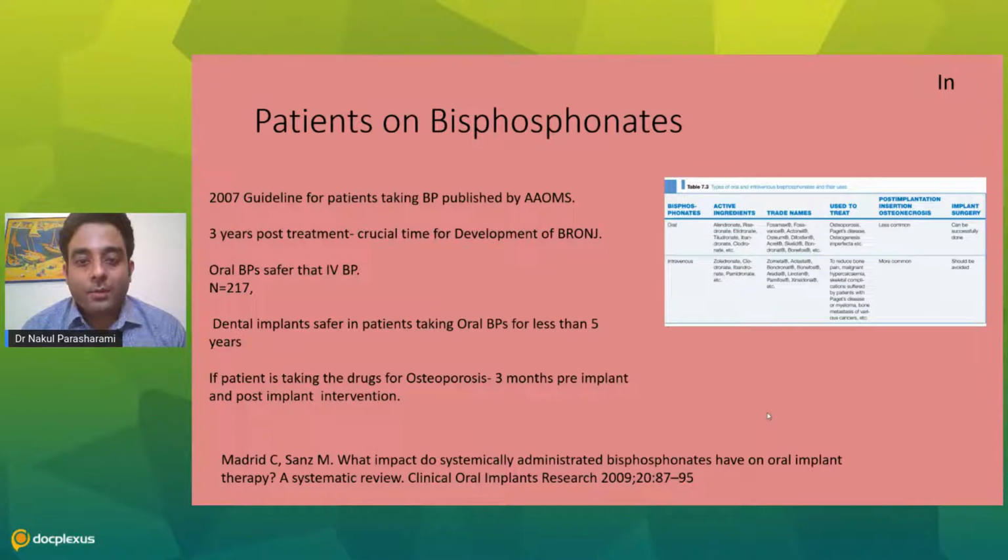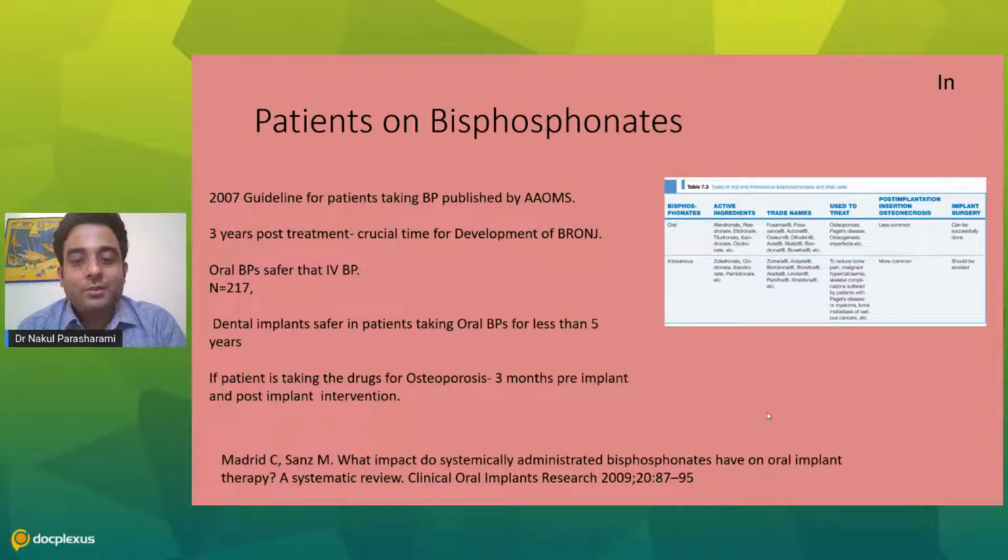So, a patient on bisphosphonates. Basically, bisphosphonates are a group of drugs used to treat pathologies such as Paget's disease, osteoporosis, multiple myelomas, and metastasis associated with breast or prostate cancer.